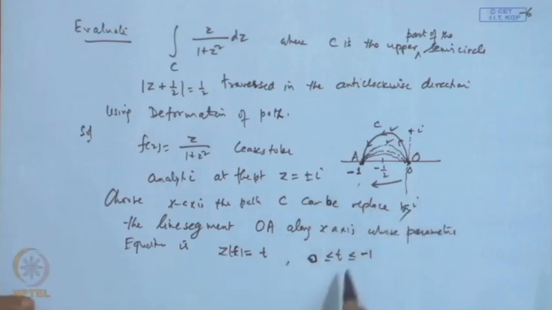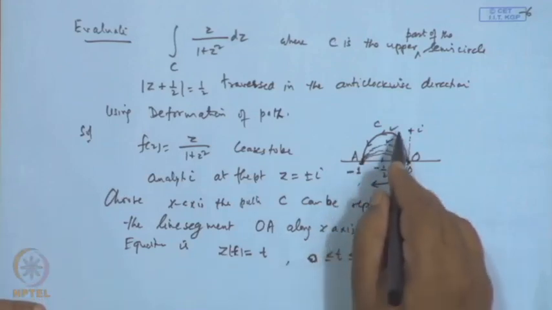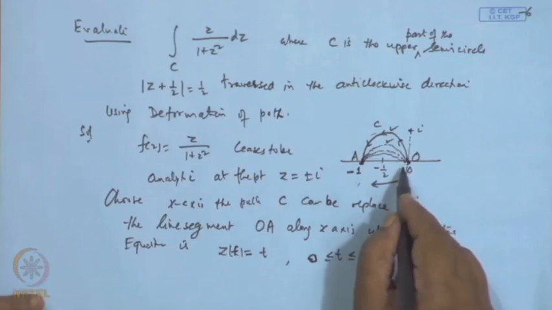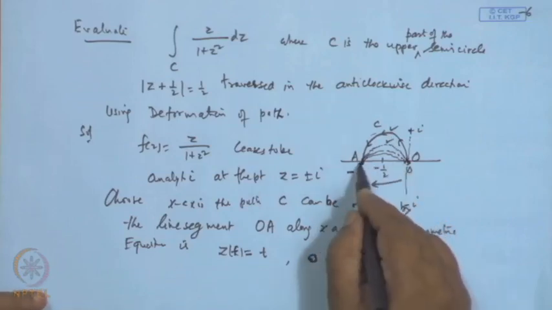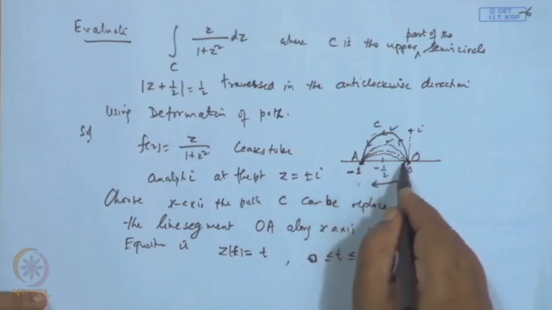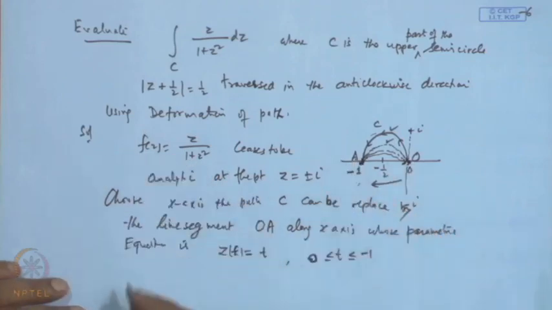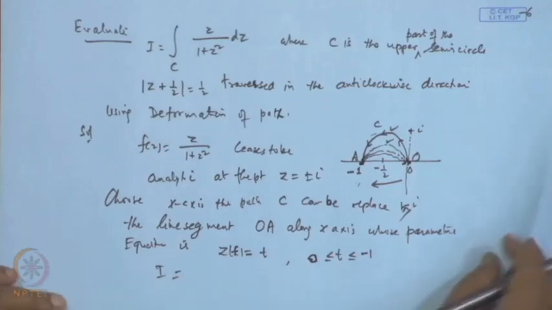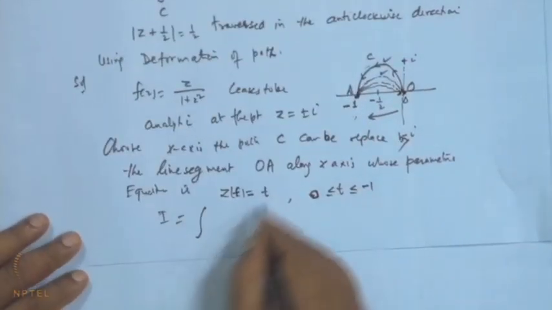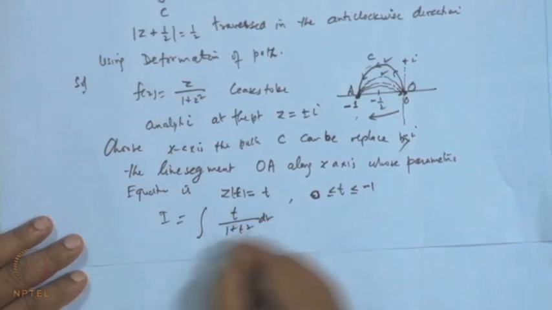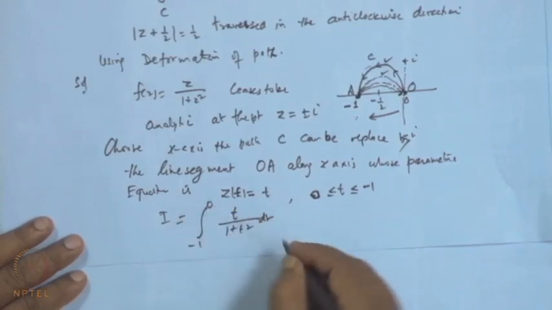Then the integral along this path C can be replaced by the integral of the function along the x axis, along the line segment OA, which is on the x axis joining O to A. So, this integral I reduces to, with z equal to t, the integral of t over 1 plus t square dt from minus 1 to 0.